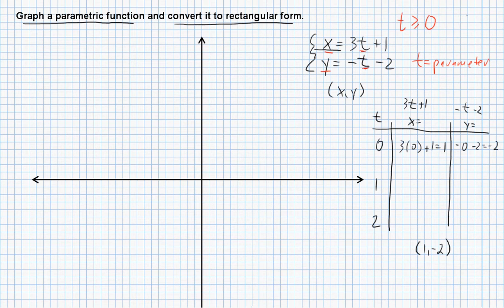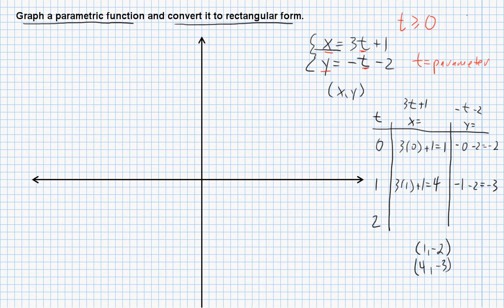For the second value of t, 3 times 1 plus 1 is 4, and negative 1 minus 2 is negative 3. So 4, negative 3 is an ordered pair.